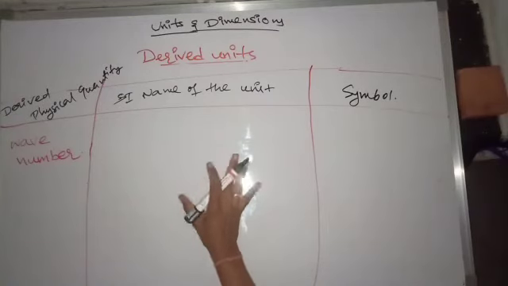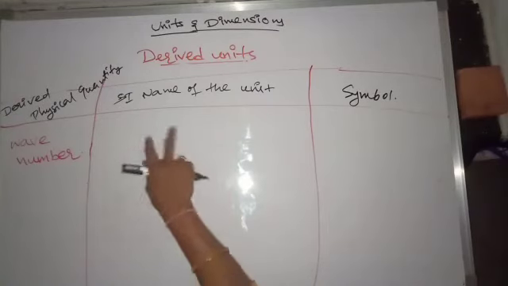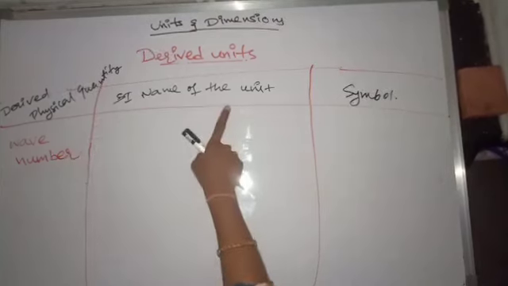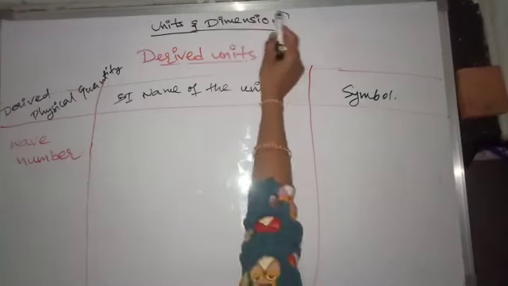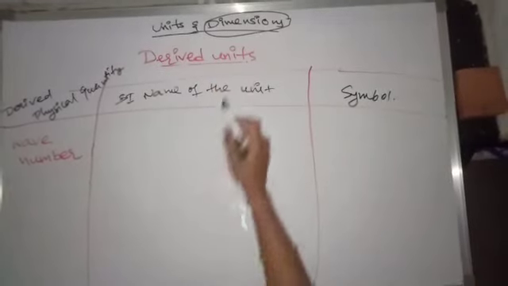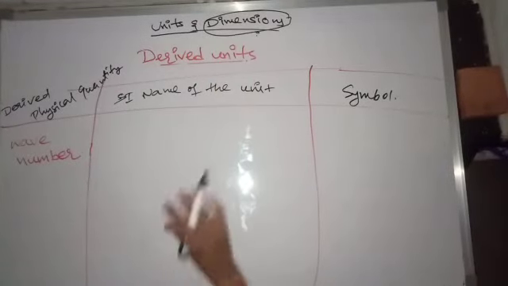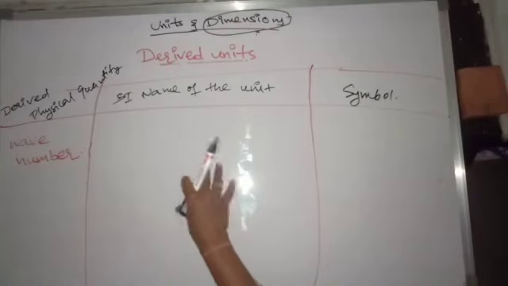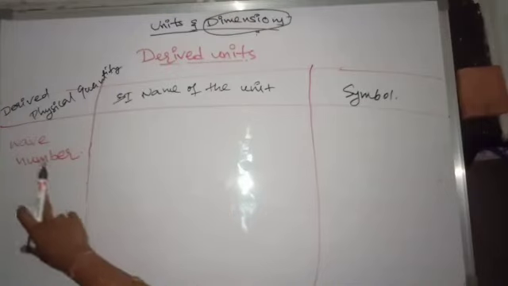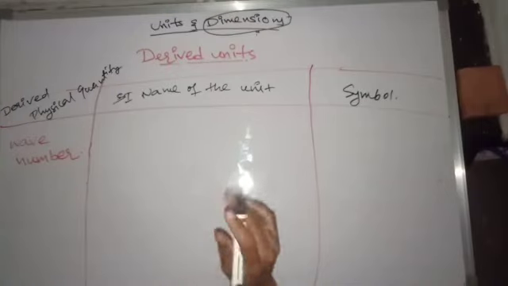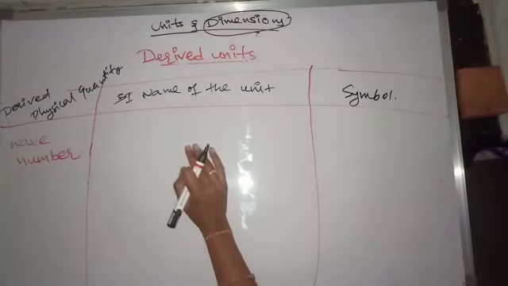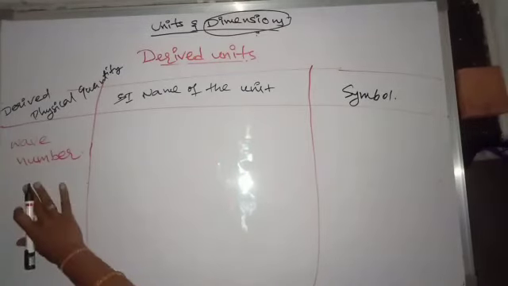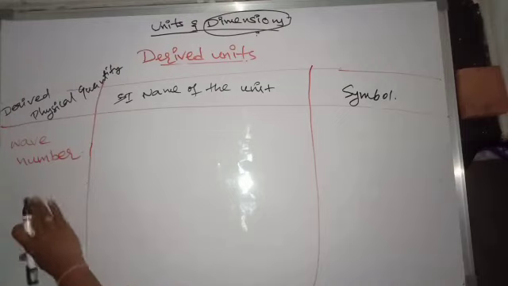There will be a few rules for writing the name of these units, using the name of those units and dimensions. If you learn about the dimensions, using these dimensions you will be able to derive a definition for the physical quantities. After learning the dimensions, we will solve problems for deriving the formula for the physical quantities. No need to worry.